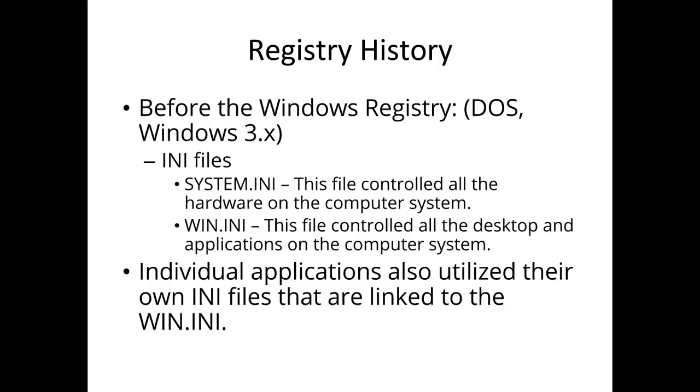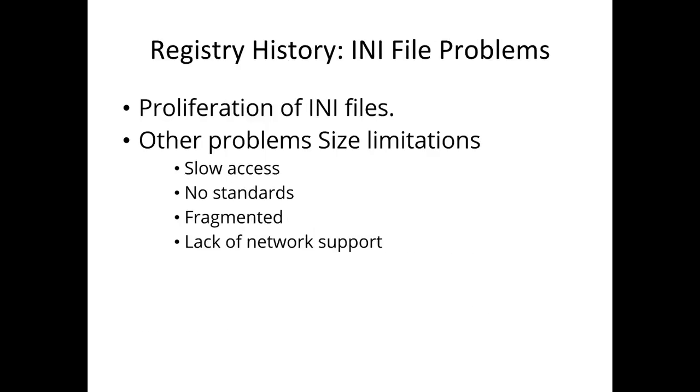Each application had its own ini file, and these ini files were text-based files. They were really quite easy to edit. So anyone was able to look at the information stored in any file, and then edit that information. This wasn't particularly good, and one of the reasons is that there was a large number of them, depending on how many applications you had. It was relatively slow to access this information.